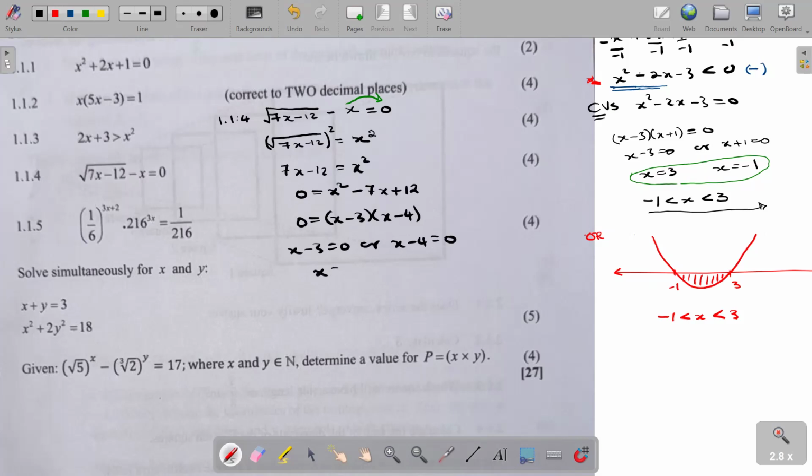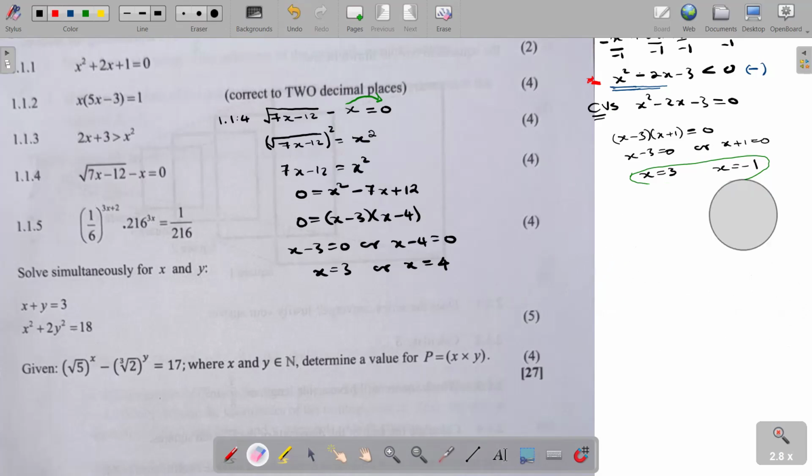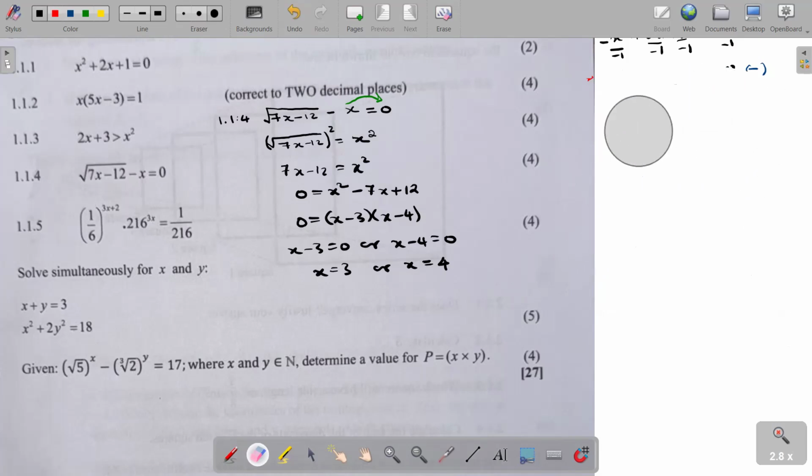Solve this, x is equal to 3, or x is equal to 4. Or you are going to use the quadratic formula. Let us check the quadratic formula.